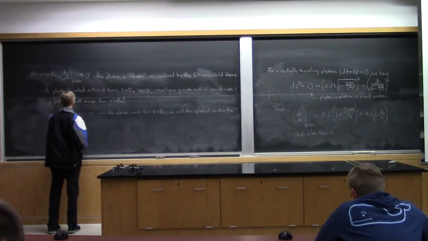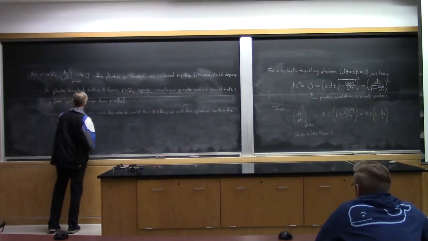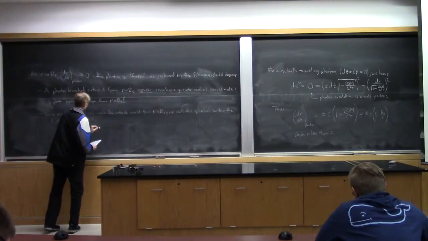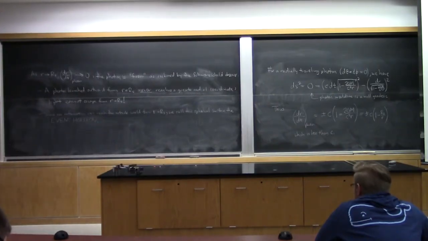I'm sure you've heard that term before. So in other words, the Schwarzschild radius is the radial coordinate of the event horizon.